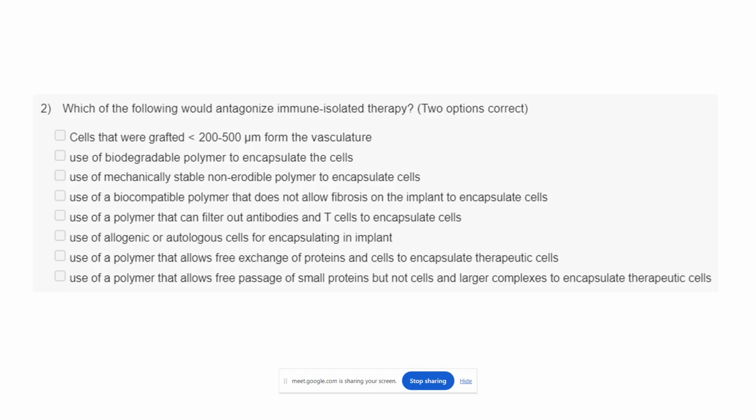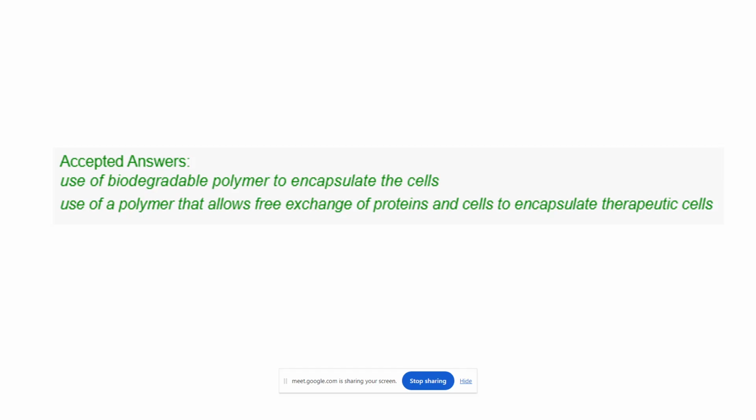Okay, the correct answer here would be option 2, use of biodegradable polymer to encapsulate cells, and the second last option, use of polymer that allows free exchange of proteins and cells to encapsulate therapeutic cells.